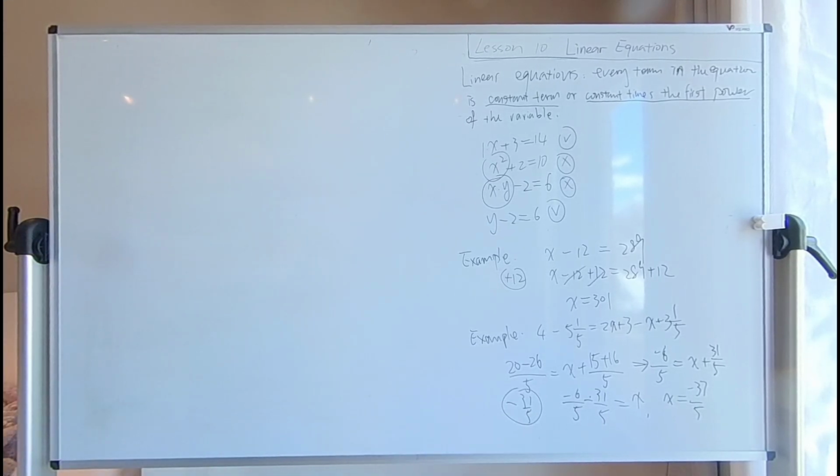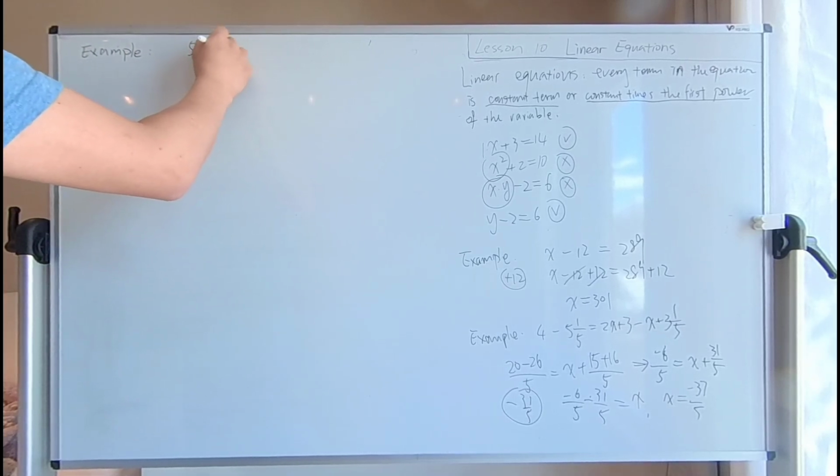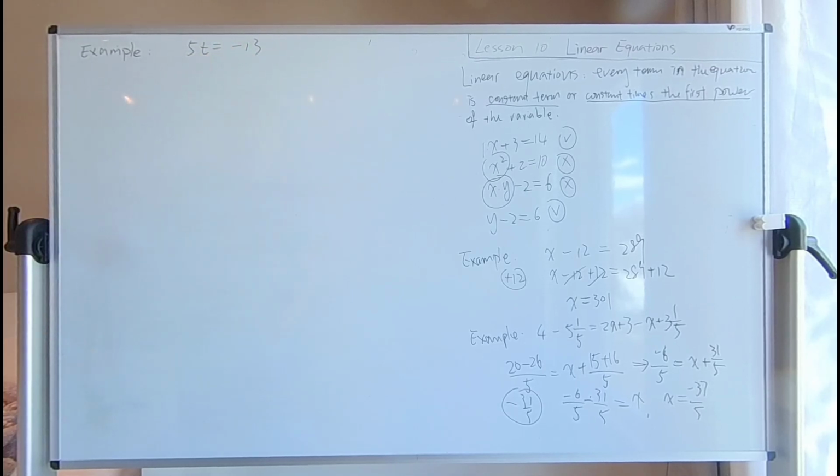Okay, I have a couple more examples to finish today's lesson. So the next example, I have 5t equals minus 13. Here t is the unknown variable. I have a different coefficient other than 1.